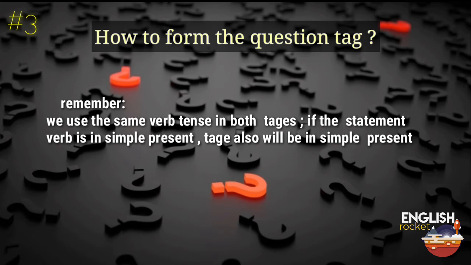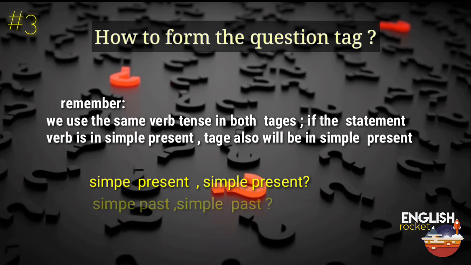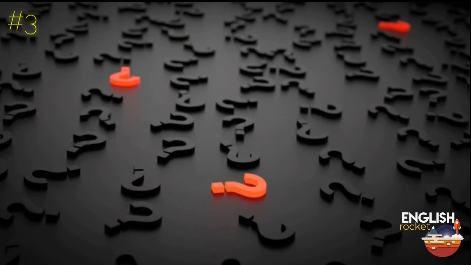As you remember, I told you that the question tag is a short question that we are adding at the end of a sentence, a statement. So if the statement is in the simple present, the question tag becomes in the simple present. If it is in the simple past, the question tag is in the simple past, and so on. So it is the same verb tense in the statement and also in the question tag that we are adding.